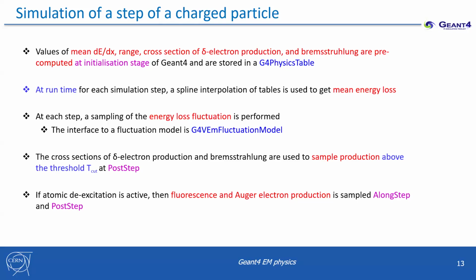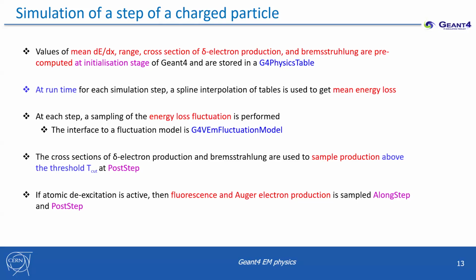There is an important moment. If you are in the condensed history approach, you need to take into account stochasticity in energy transfer from particle to media. So you need to apply energy loss fluctuation. We apply it on each step.